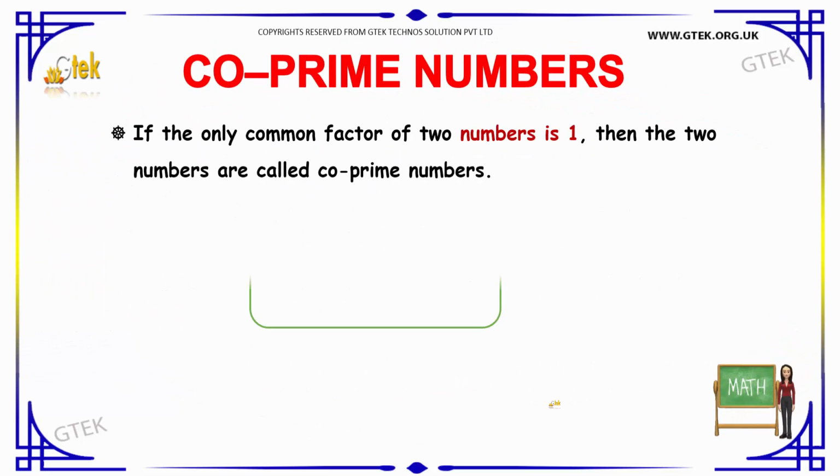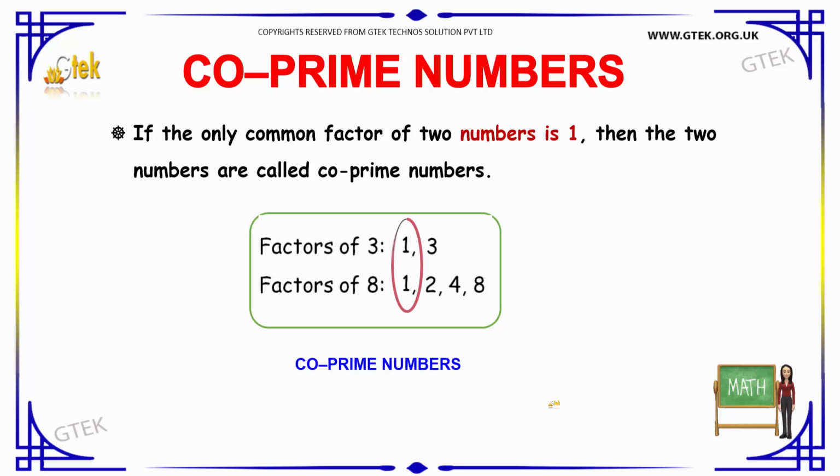Moving on, we have co-prime numbers. If the only common factor of two numbers is 1, then the numbers are said to be co-prime numbers. We have 3. So the factors of 3 are 1 and 3. The factors of 8 are 1, 2, 4 and 8.